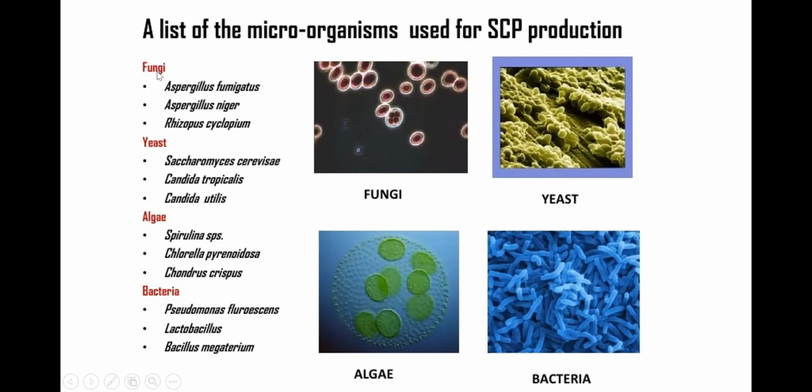Okay, so these are some examples of the microorganism strains belonging to fungi. As long as you see Aspergillus, Rhizopus, these are the fungi. It looks like this, yeah. And for yeast, Saccharomyces and also Candida species, it looks like this, yeah, budding.